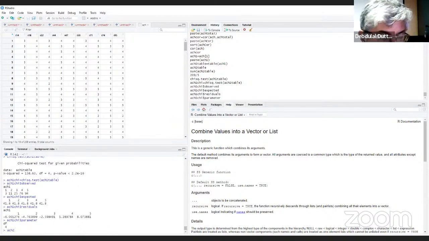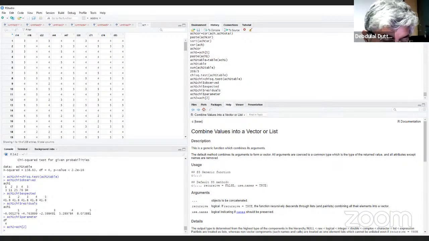SEH2 equal to ACH, then I can take only the second item. And then I can write down ACH chi, no, ACH 2 table. Because I want to know the frequency.